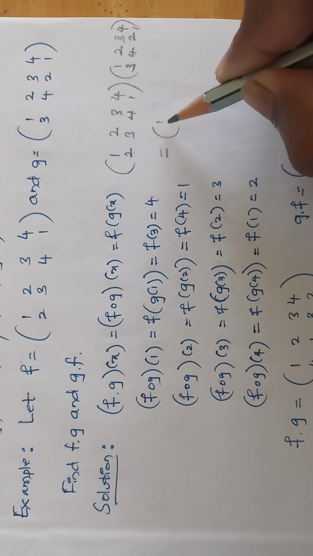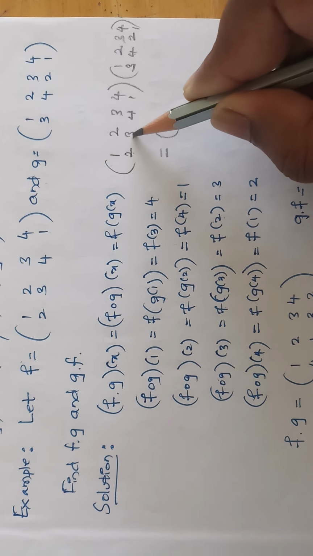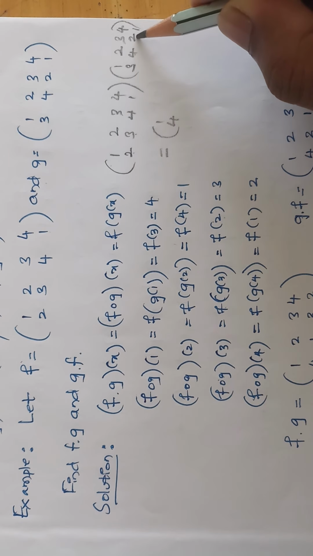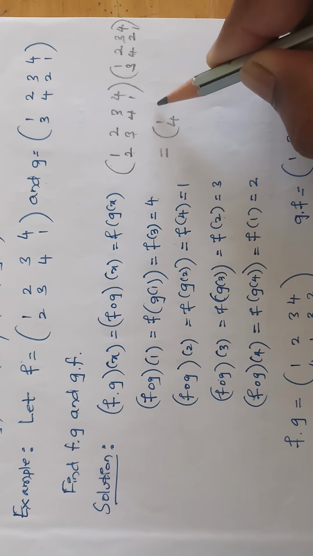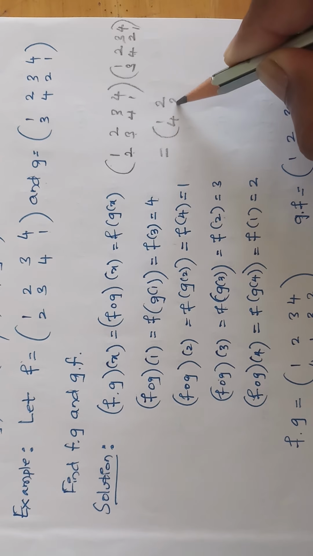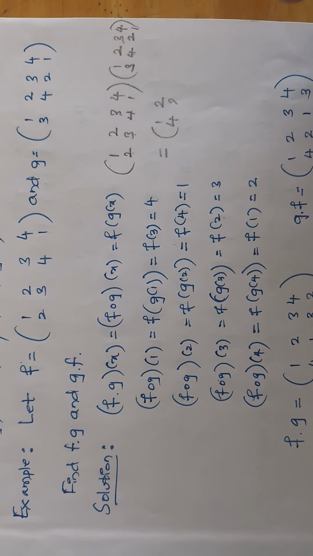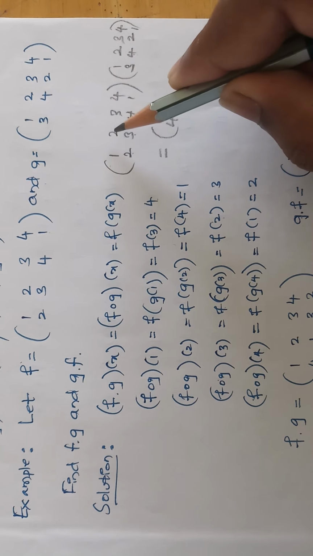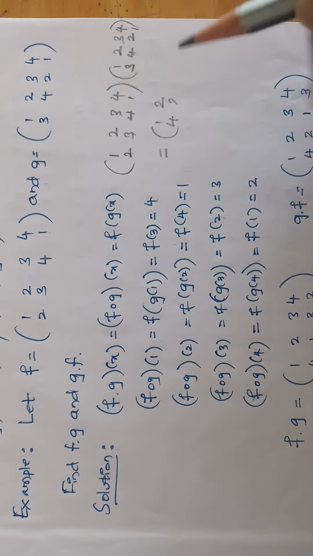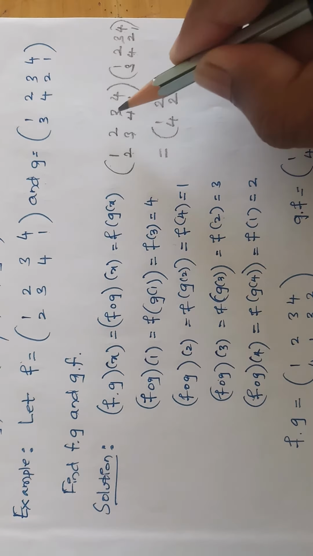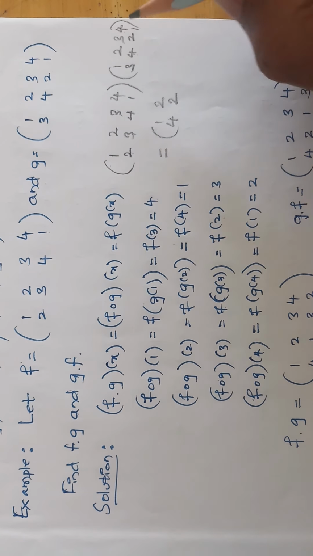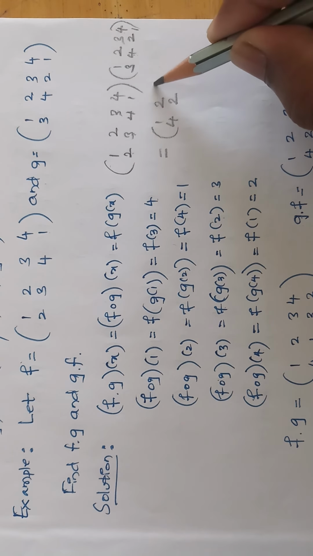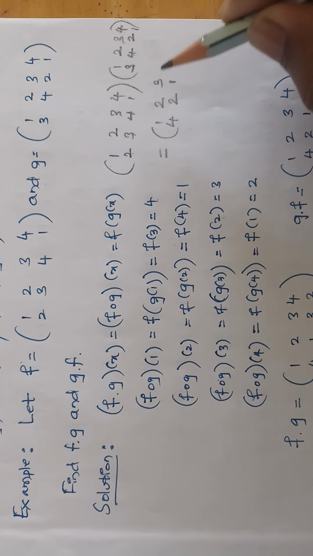So 1 goes to 4. Then 2 goes to 3, 3 goes to 2, so 2 goes to 2. Next 3 goes to 4, and 4 goes to 1, so 3 goes to 1.